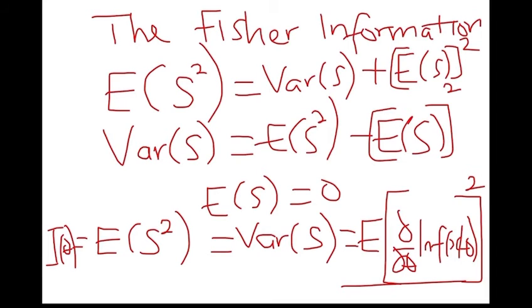So take a look at what we have now. Like I said, this is for one data point. When we have two data points, of course, the Fisher information is going to be additive. So what I want to do right now is write the Fisher information for sample size one.